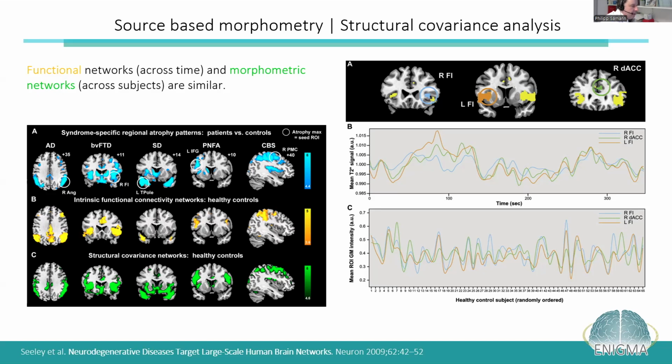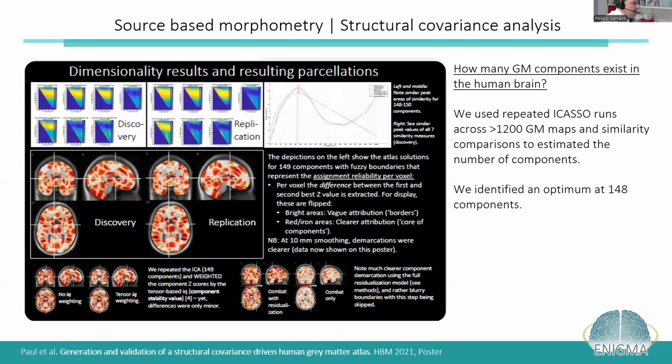And this principle led to what's called source-based morphometry, which basically uses independent component analysis to extract such independent networks in a sample.